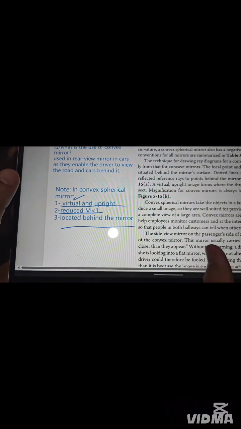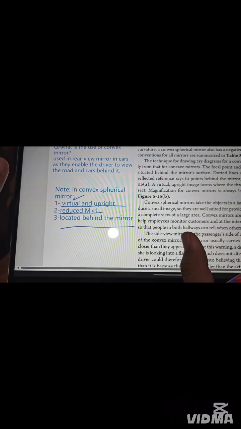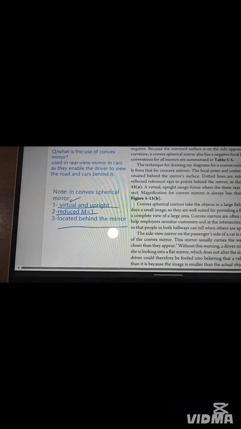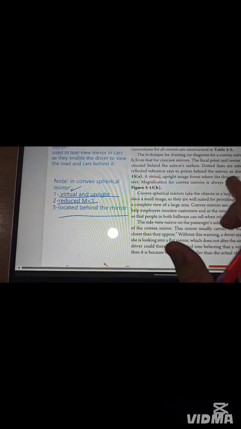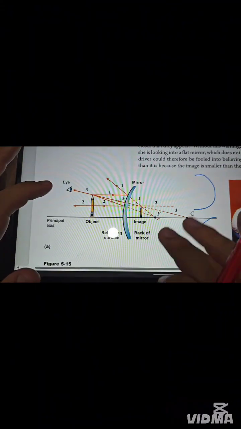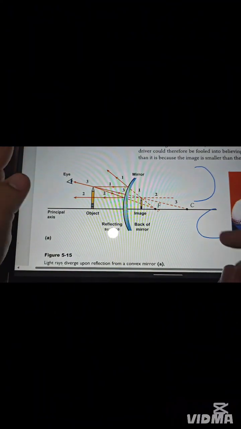Good. So now we are going to solve an example. Let me explain the idea of this picture.